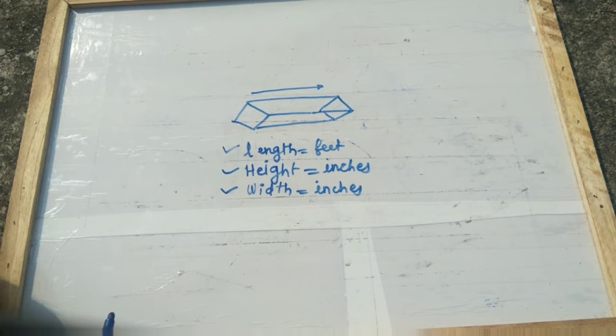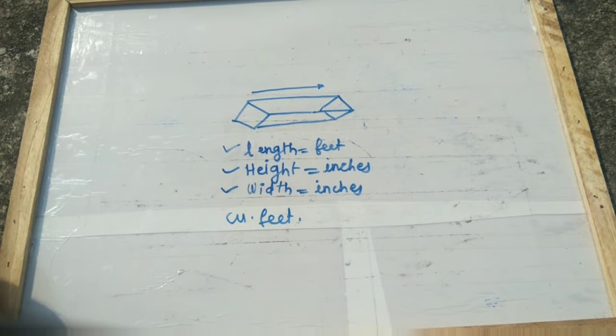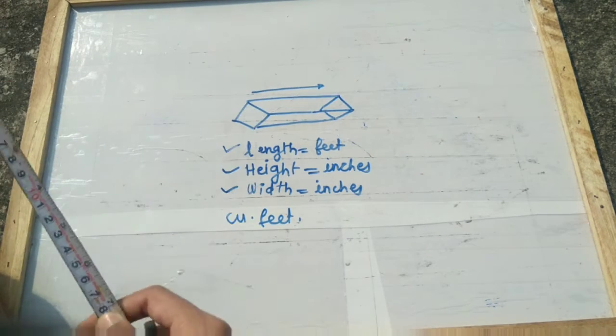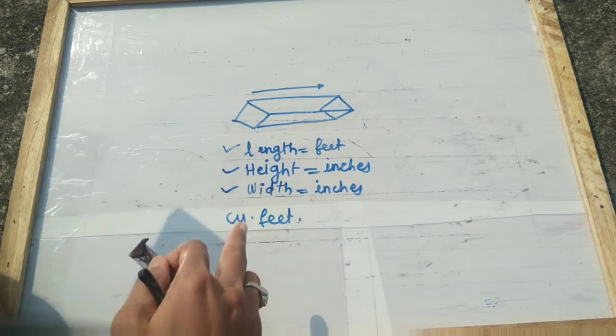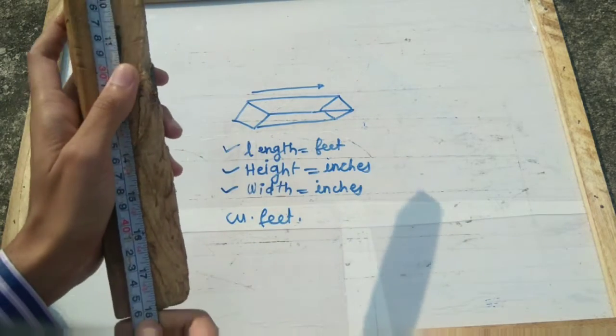But we need to calculate the cube feet, because our market is driven in cube feet. A market only understands the cube feet. So therefore we need to calculate our dimension in cube feet. So friends, let us take an example of this wood. We need one tape to measure length, width or height.